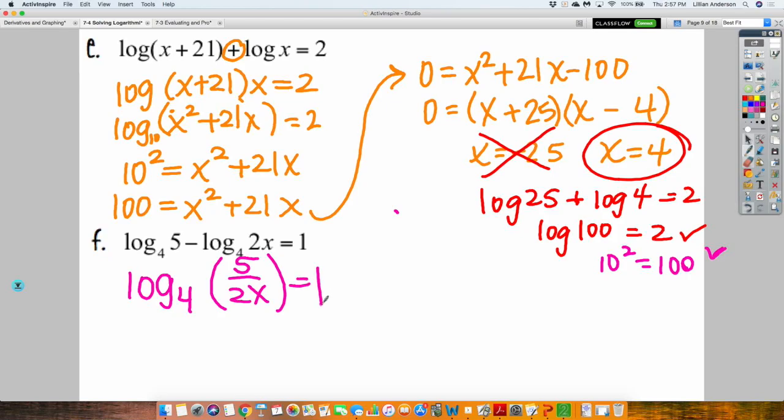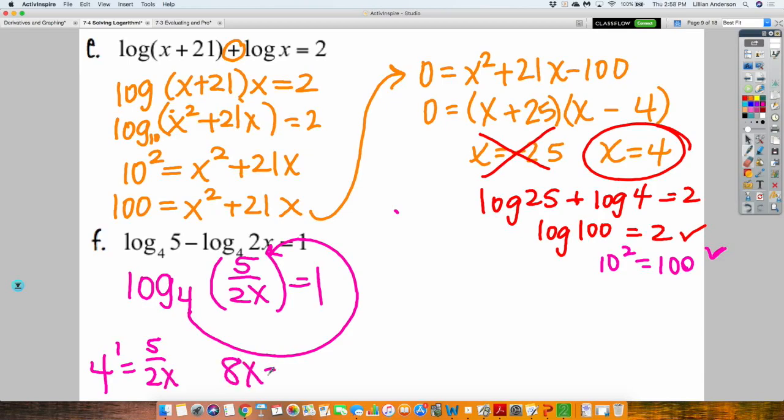Now that you have just one log on one side, you can rewrite it in exponential form. Remember, start with your base, loop around, so then it becomes 4 to the 1 equals 5 over 2x. How do you solve this? So it becomes 8x equals 5. So then x equals 5/8. Okay?